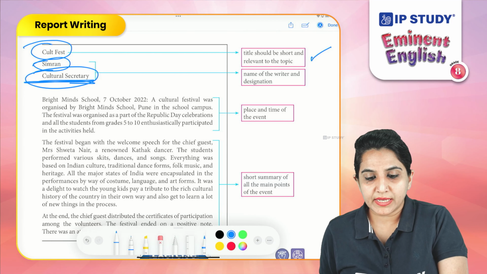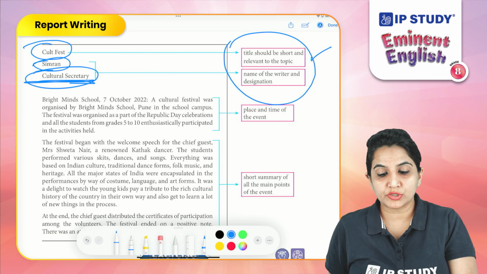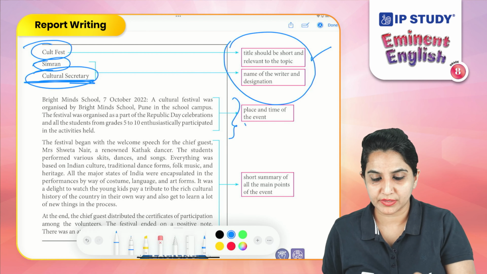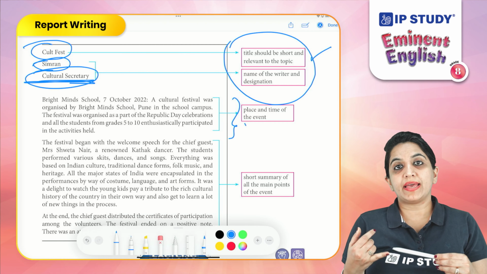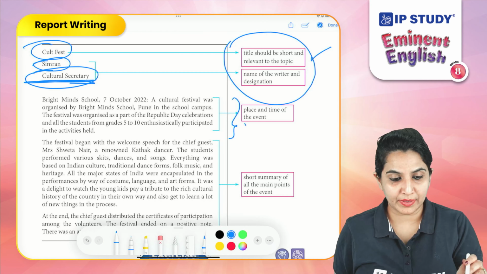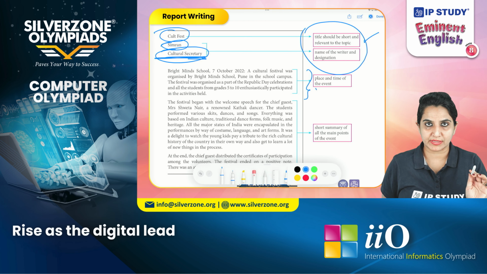Then after writing the title, the name of the writer and designation, you state the place and time of the event. So where it happened, when it happened. So first you state what is happening, then where and when it happened, in the first paragraph itself.